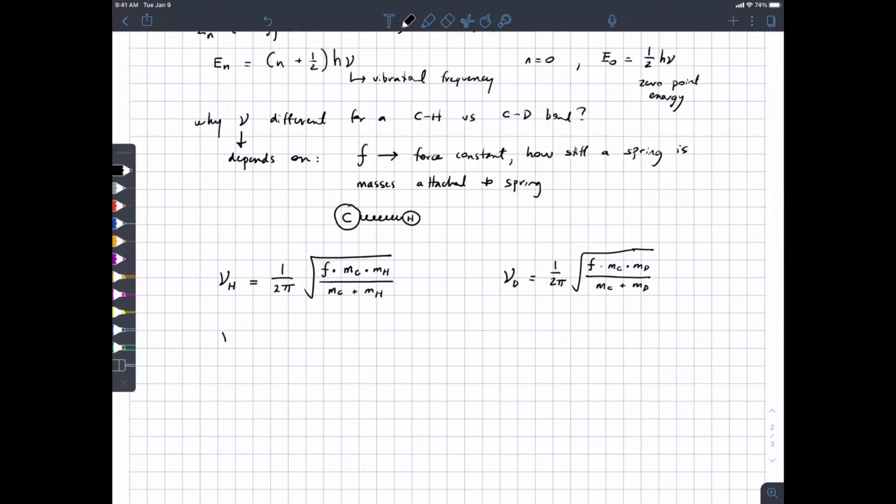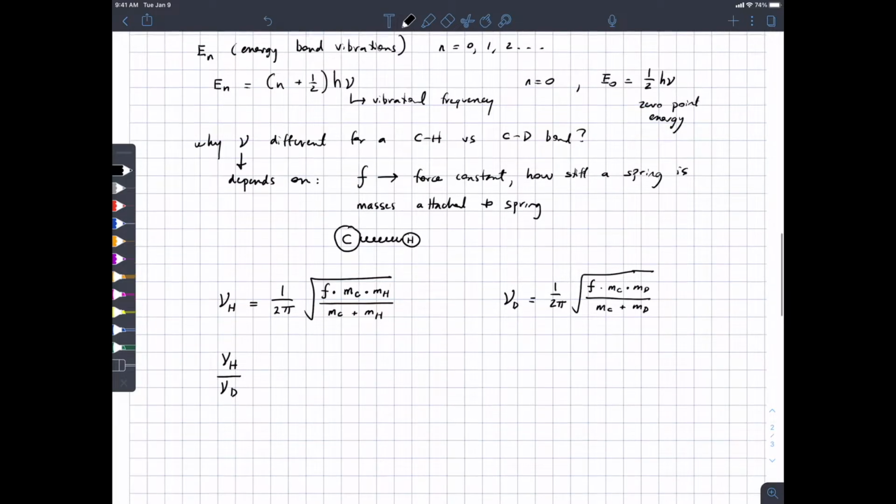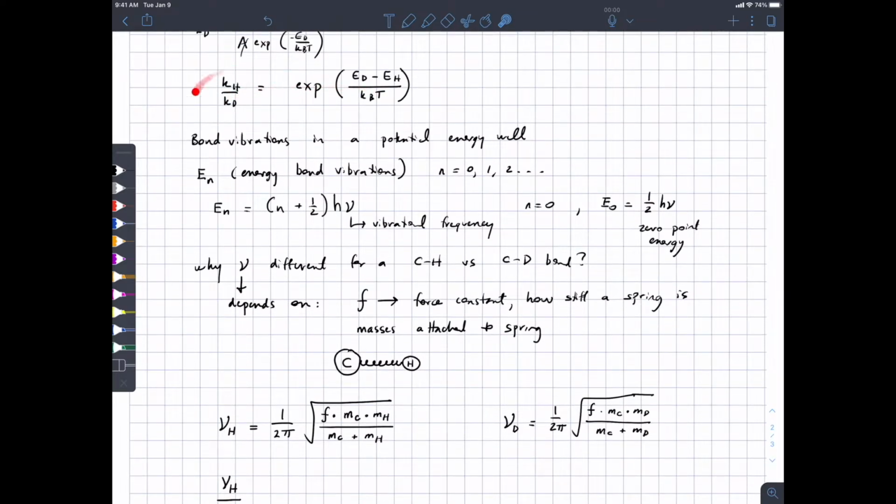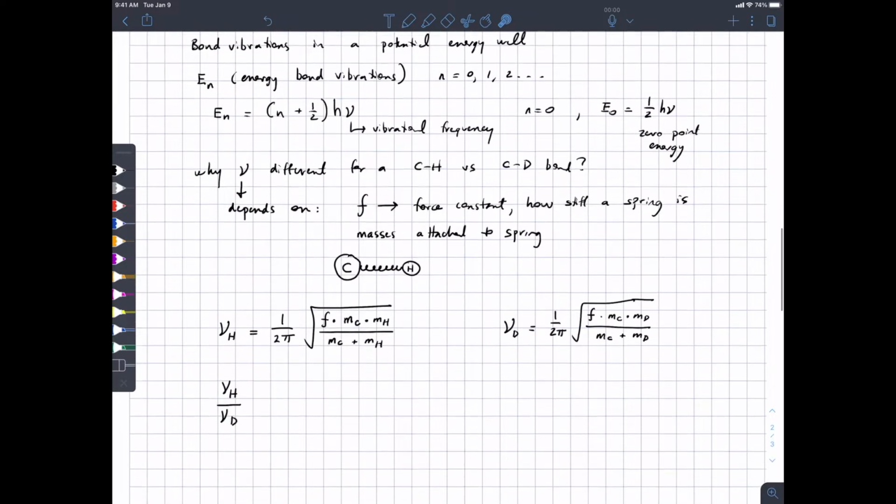Because if we can compare the vibrational frequency for hydrogen versus the vibrational frequency for deuterium, we can get an idea of what these energy differences are. And if we know the energy differences, we can predict what the kinetic isotope effect is.